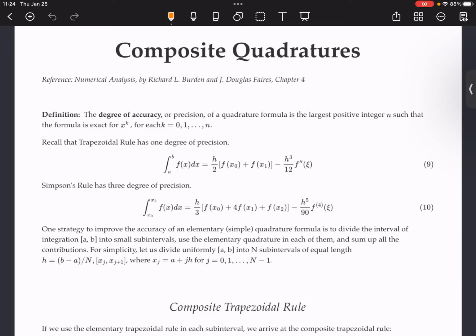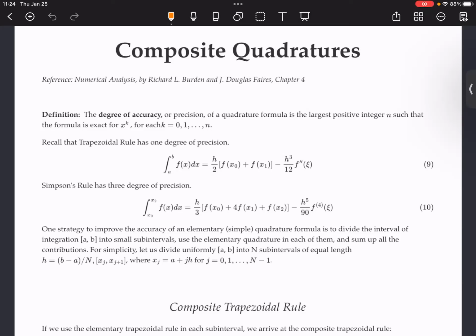Instead of using three points or two subintervals, we divide the whole interval into an even number of subintervals, and then we apply the Simpson rule to each subinterval, and that is how we improve the accuracy. We partition A and B into small subintervals and apply the Simpson rule or trapezoidal rule to the subintervals here.